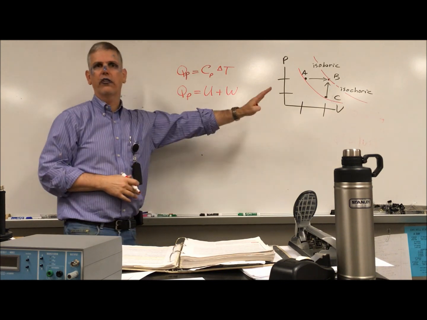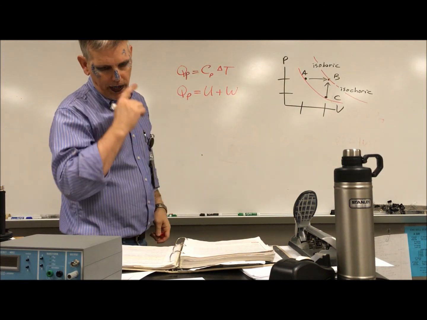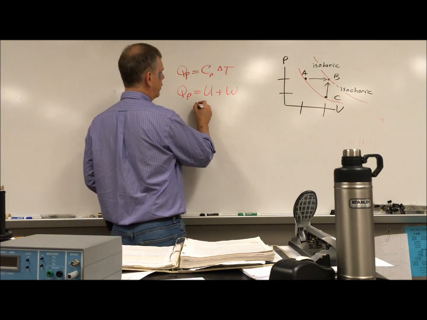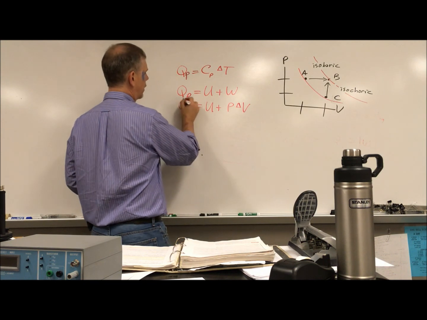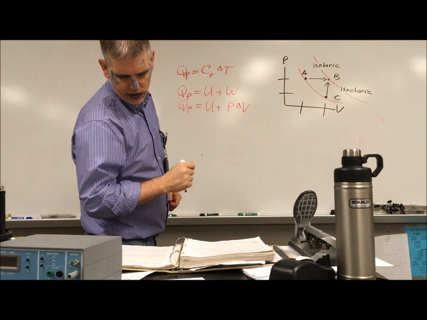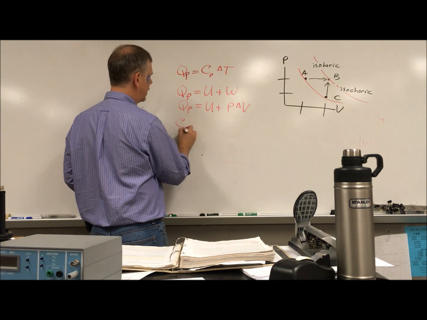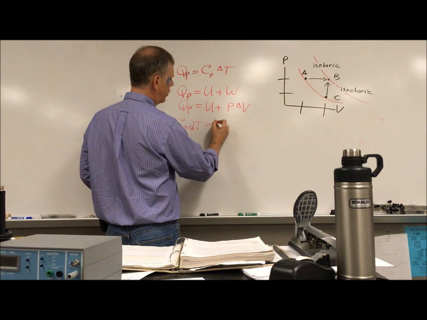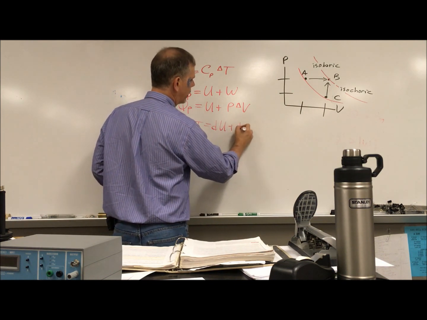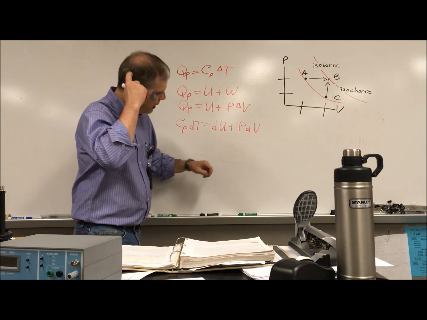Because we move the W to the other side, it makes it positive. And then he goes, let's put it all in, equals dU plus P dV. Then he takes the differential, and this would be CP dT equals dU plus P dV.